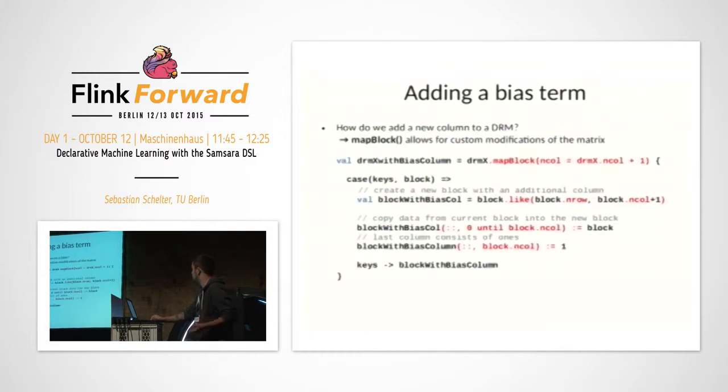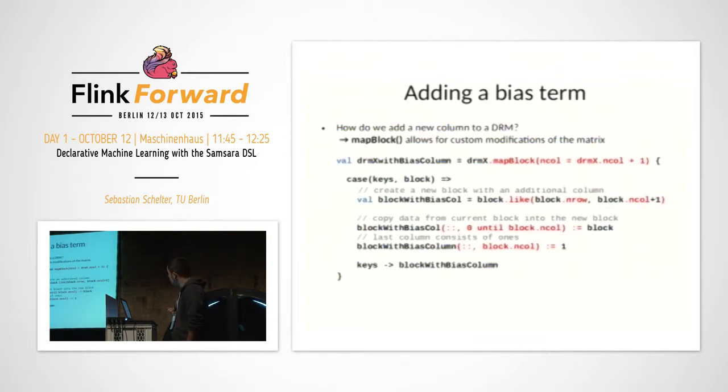and I'm using this to showcase some advanced features of Samsara. So the cool thing is that Samsara, because it's running in this distributed world, can offer you a bit more things than something like MATLAB or R give you out of the box. So Samsara gives you, for a distributed row matrix, this map block function that allows you to write some user code in Scala, so basically arbitrary code, and do custom modifications to these large matrices that live in the cluster.